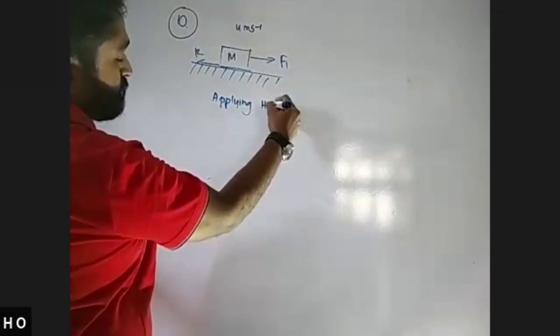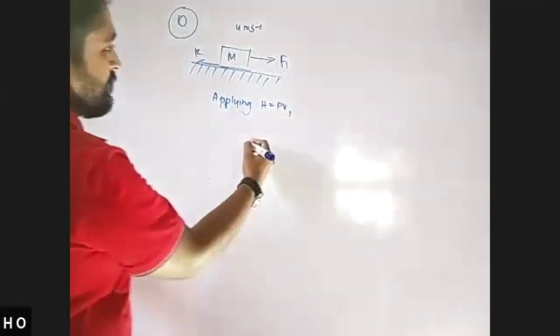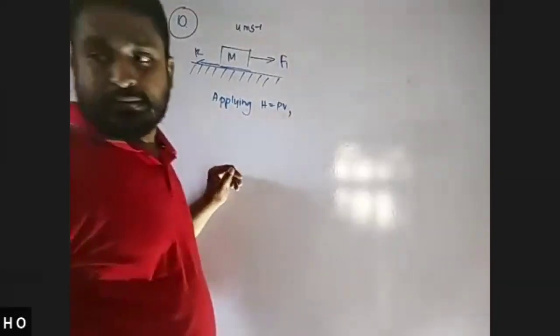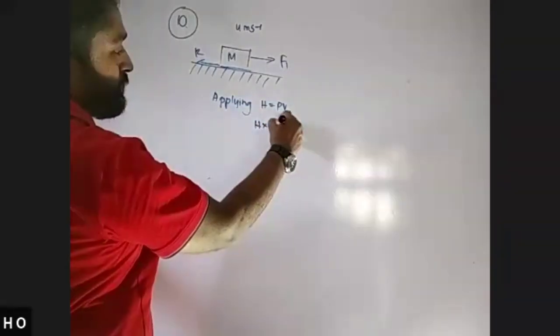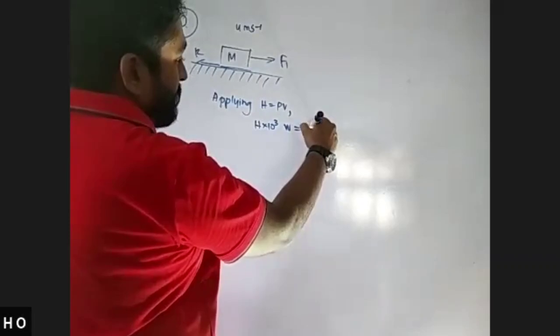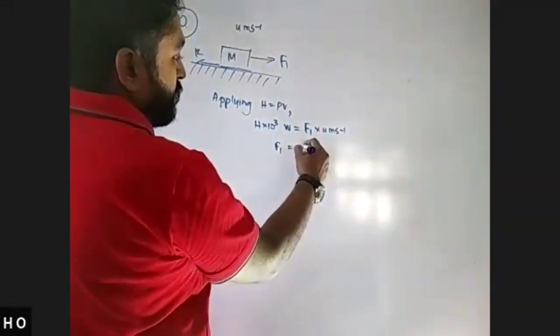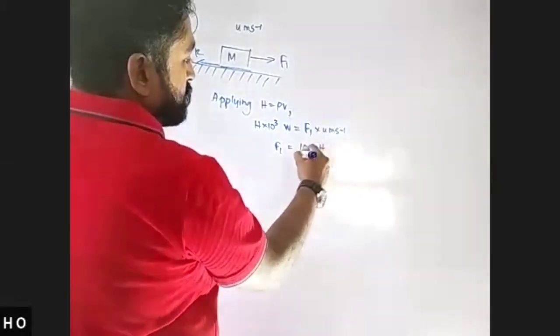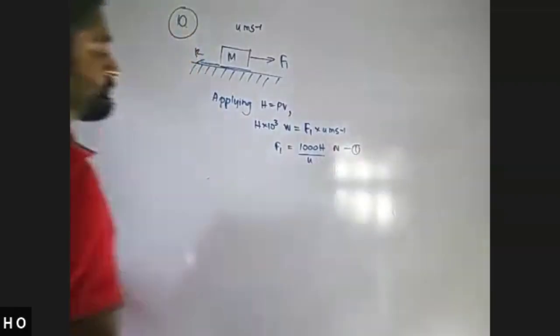Applying power equals force times velocity, they have given the power as h kilowatts. So h into 10 to the power 3 watts equals F1 into u meters per second. F1 is 1000 h over u newtons. Number one.